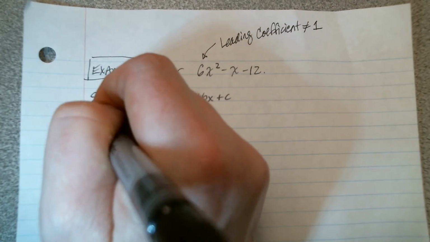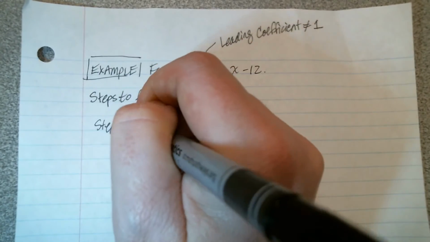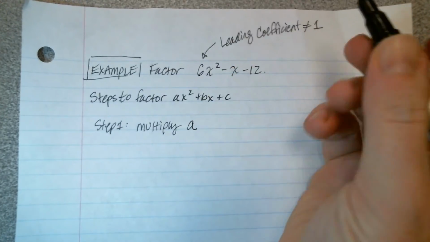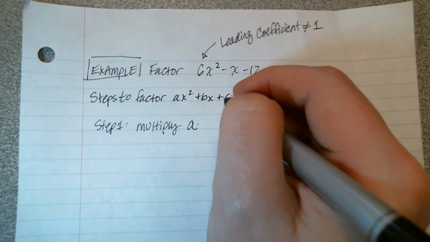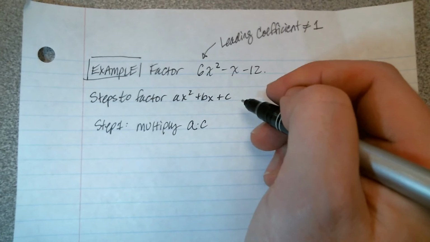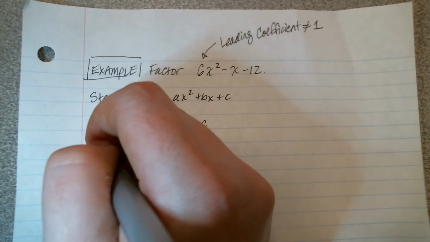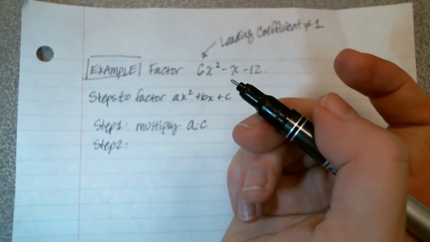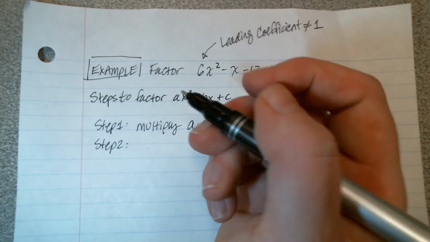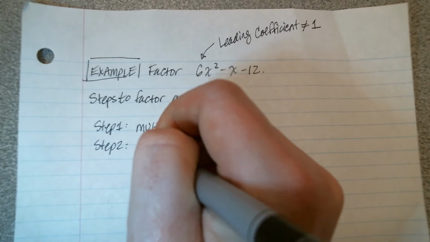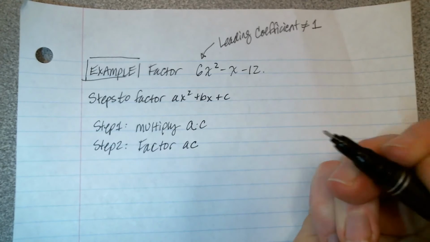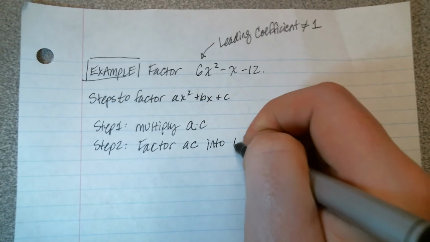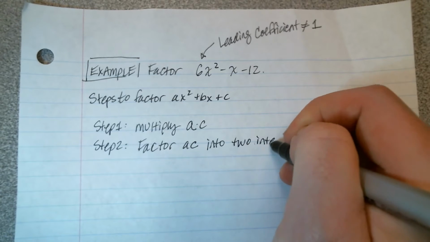So step 1, we want to multiply the leading coefficient a by the constant term c. In step 2, we're going to factor that product, AC, into 2 integers.